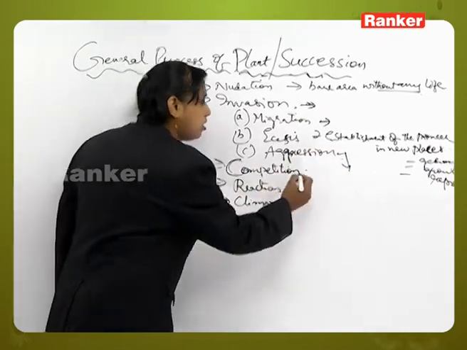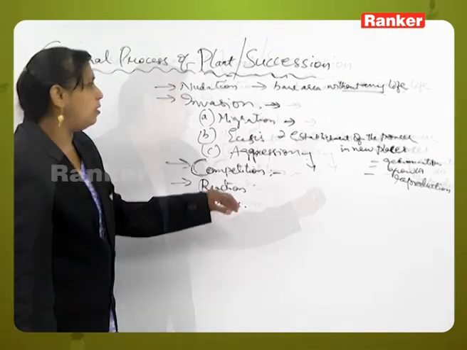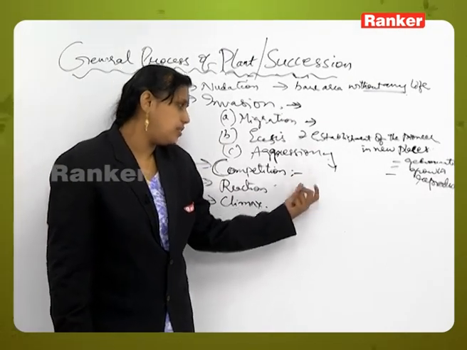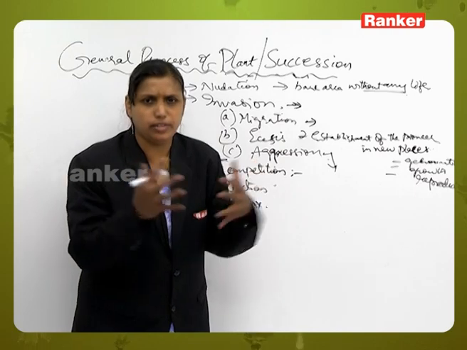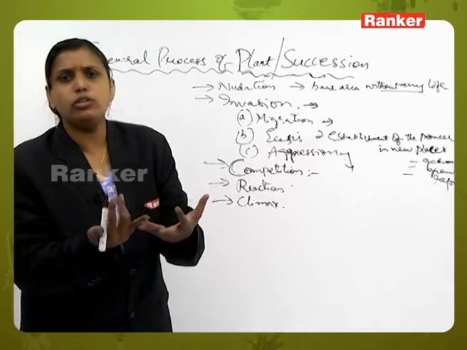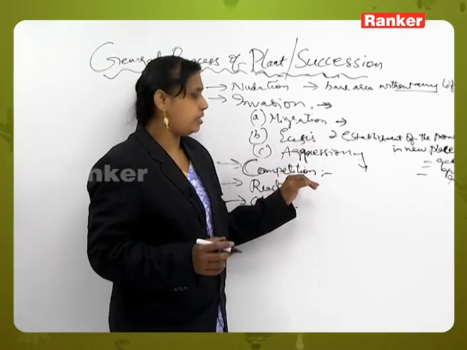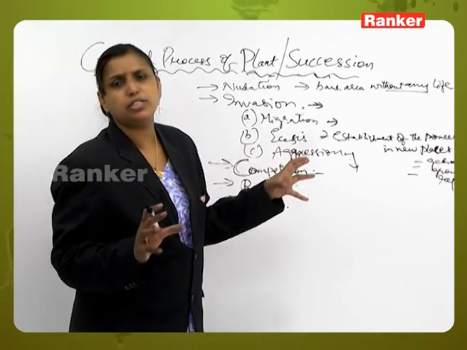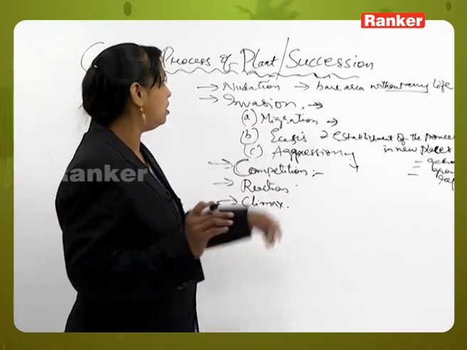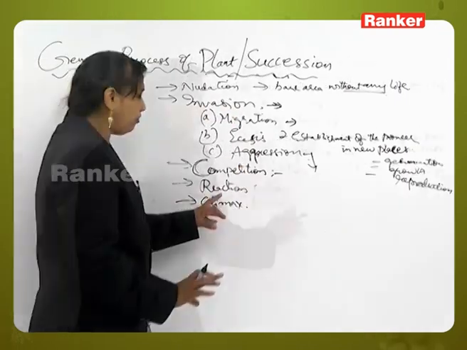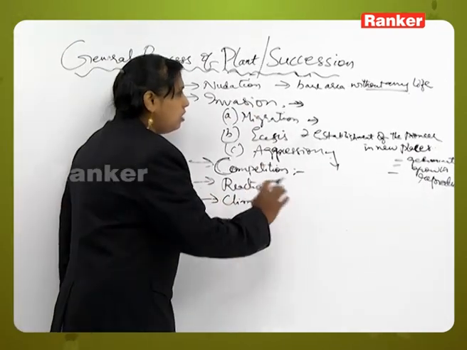Now comes the competition of the species. The aggregation of a large number of individuals leads to competition between individuals for space, food, shelter, and the area where they are living. That type of existence is called competition, which may also lead to succession in a plant. Next one is reaction. What is reaction?